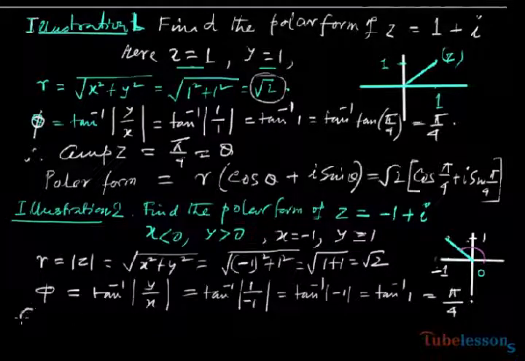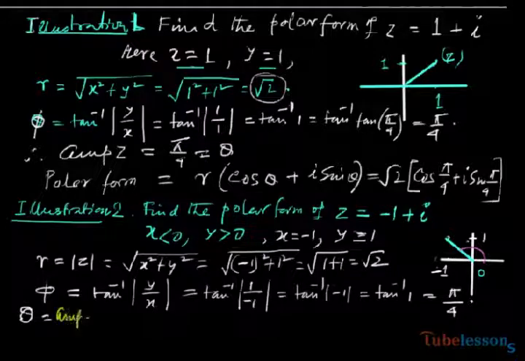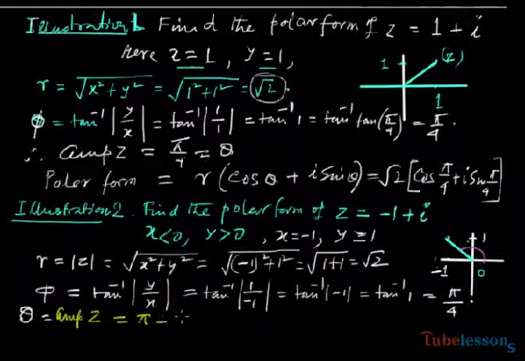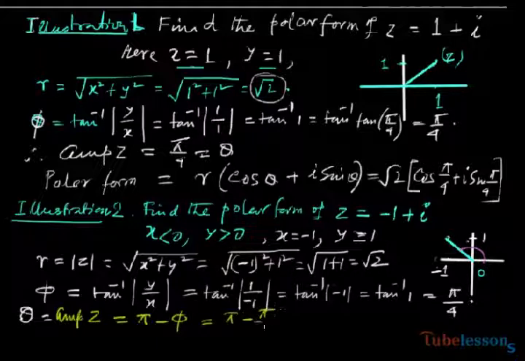Now amplitude theta, which is amplitude of z, is equal to pi minus phi, which is pi minus pi by 4, equal to 3 pi by 4.